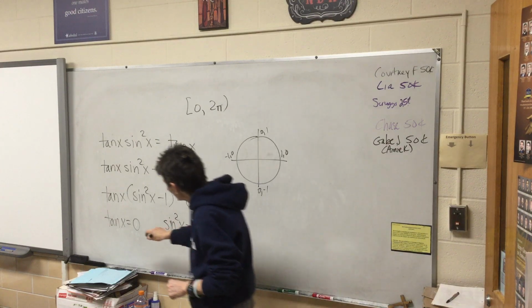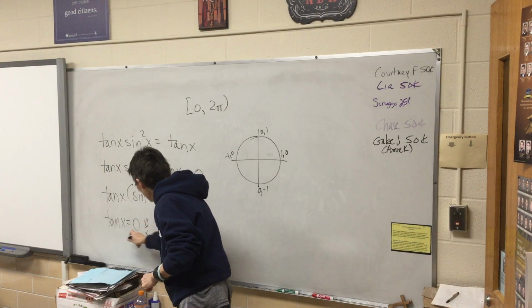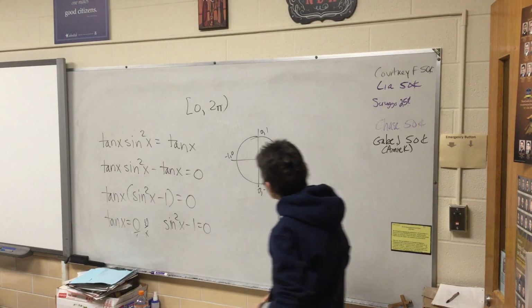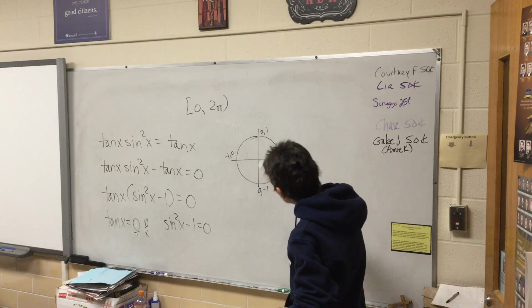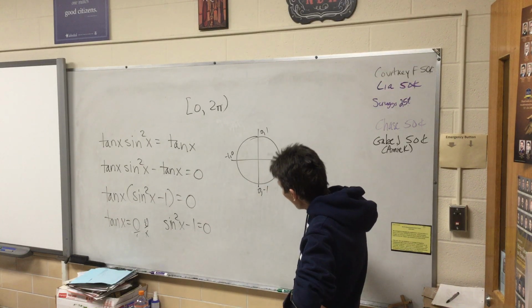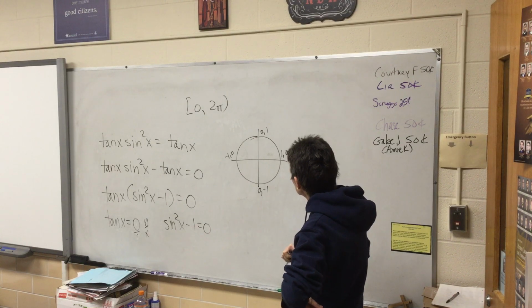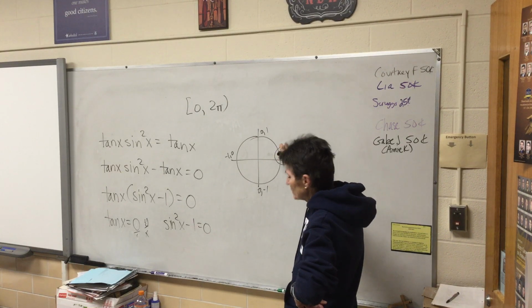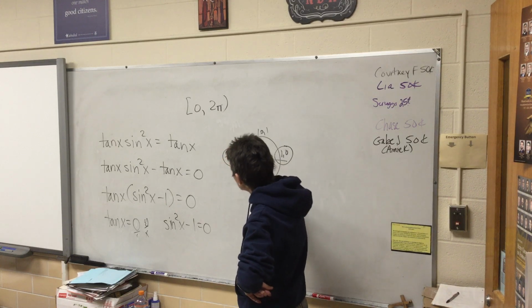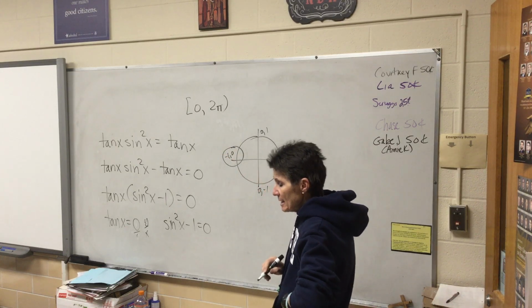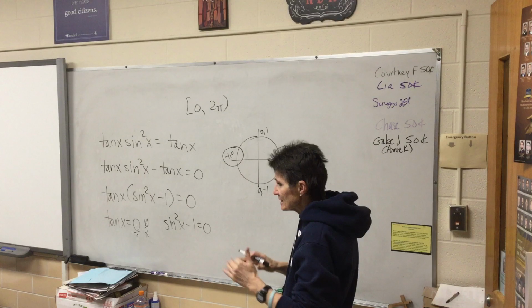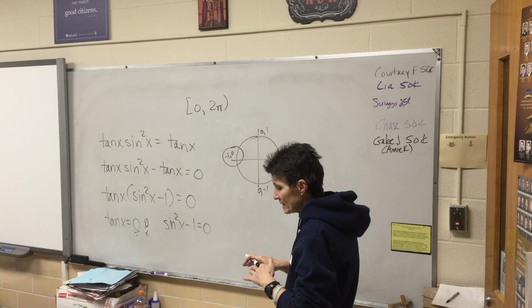Then we got to remember that tangent is y over x. So where is it that y over x gives me 0? Here and here, right? Now when I did it in degrees, I said 0 and 180.